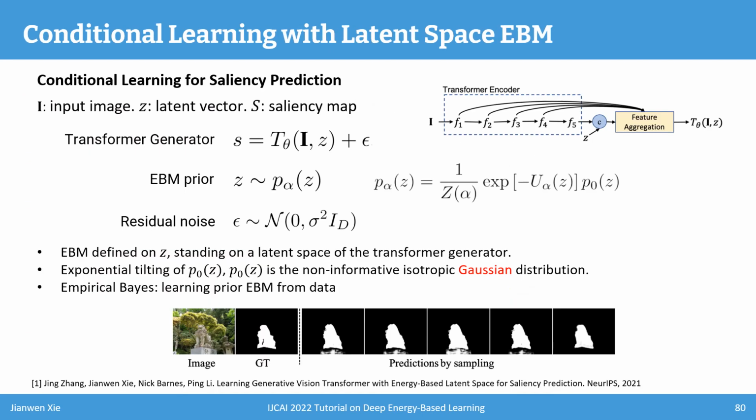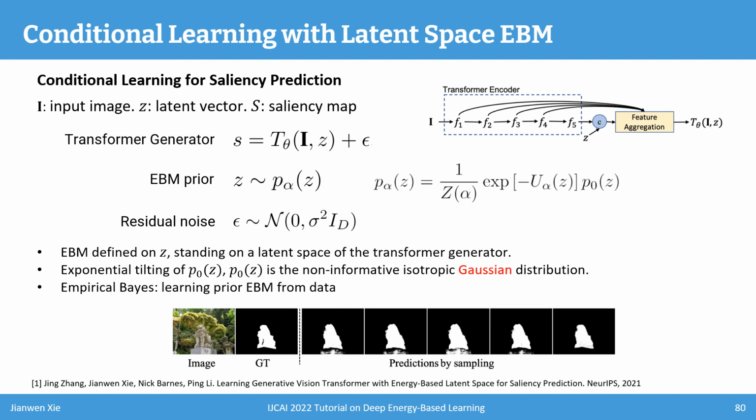The latent space energy-based model can be applied to conditional learning. For example, in the application of salient object prediction or binary image segmentation, we learn a distribution of saliency map given an input image from the observed image-saliency pairs. The conditional model is similar to the unconditional one, except that the generator maps the image and the latent vector together into the saliency space.